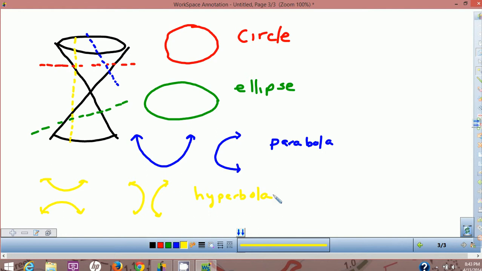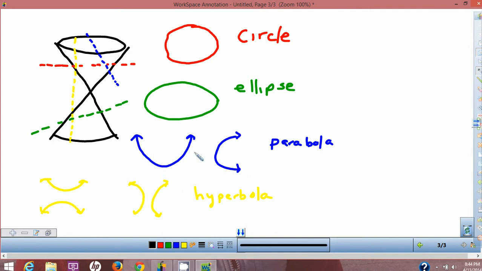All right. Well, these can all be described with equations, and we're used to looking at equations for parabolas. We know that they're quadratics. If we have something that looks like this, we might describe that with y equals x squared.